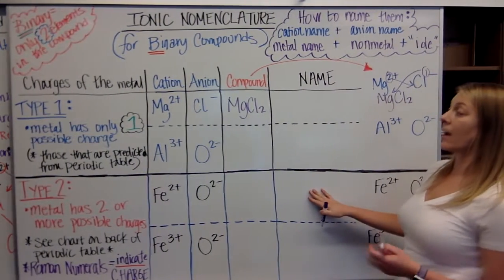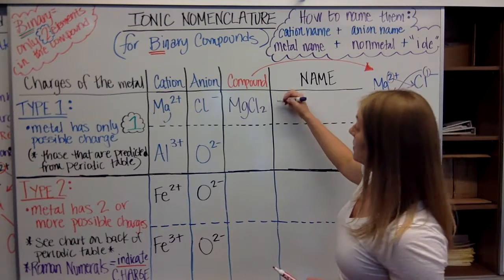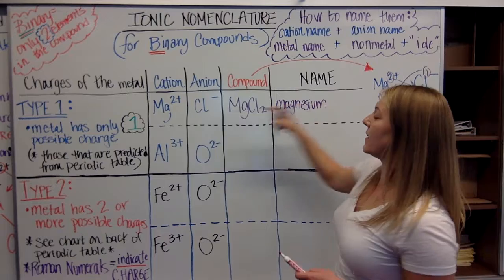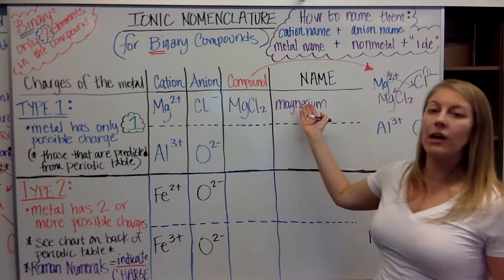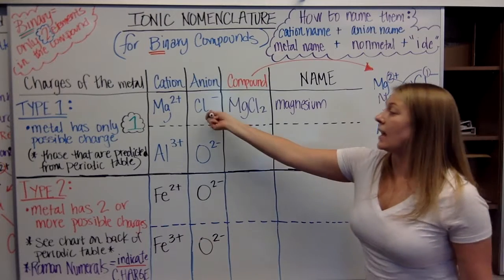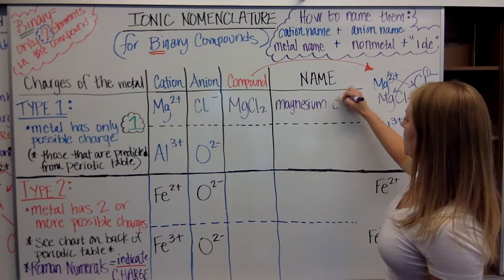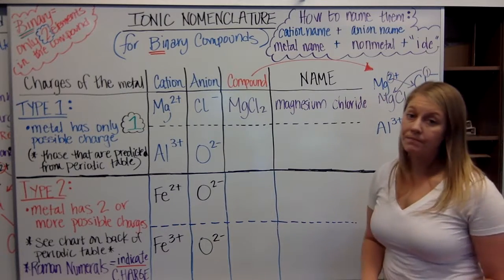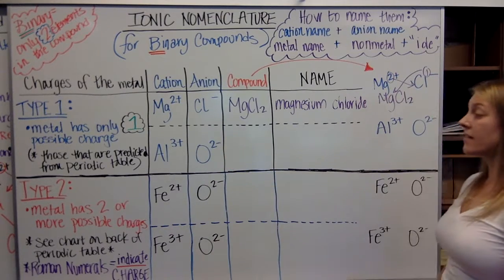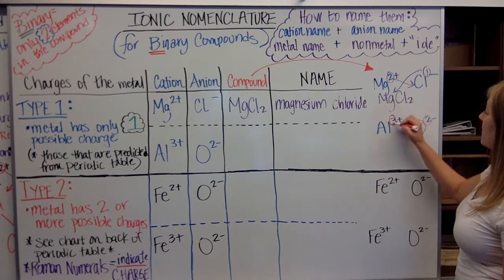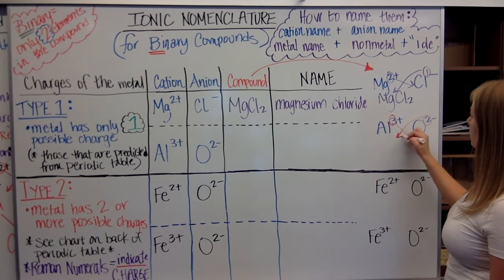So we're going to name the cation, which is just the metal name, magnesium. Now we would call this magnesium ion, but when we write it in compound, we leave the ion off because we're writing the compound name here. And chloride, we just keep as chloride. Easy enough. Magnesium chloride.